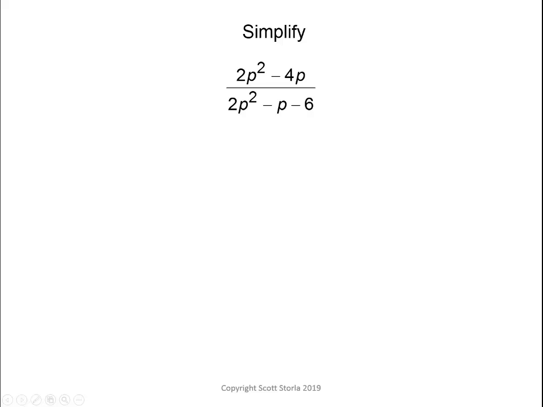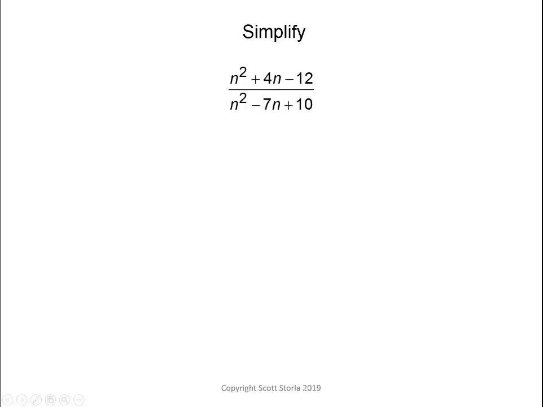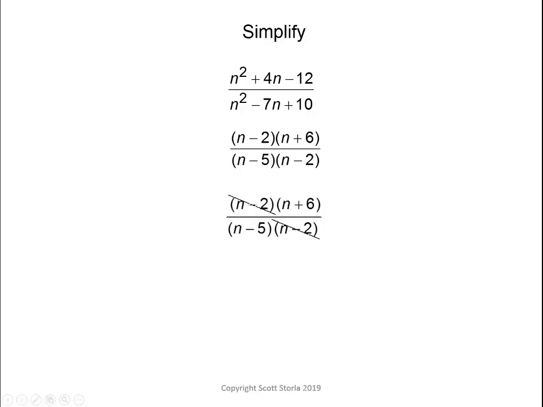Try this one. After factoring both the numerator and denominator and reducing the common factor of p minus 2, here's what I'm left with. And again, the 2p cannot reduce since in the denominator it's part of a sum. Try this. After factoring both the numerator and denominator, I notice there's a common factor of n minus 2.